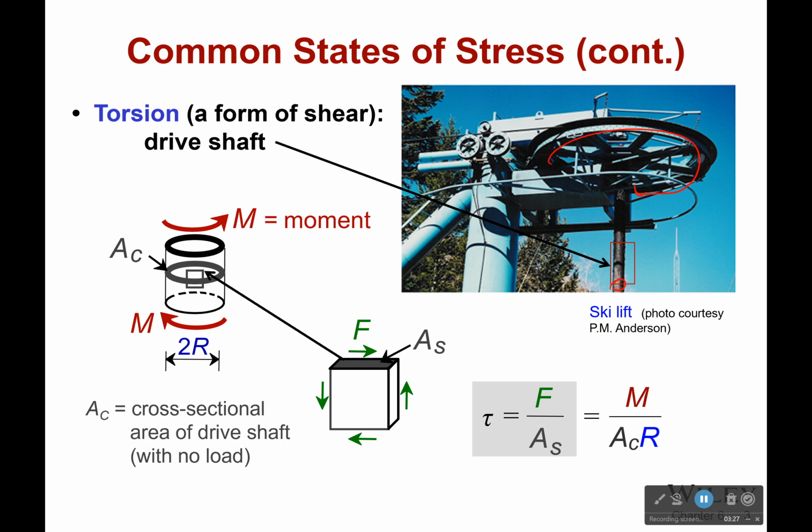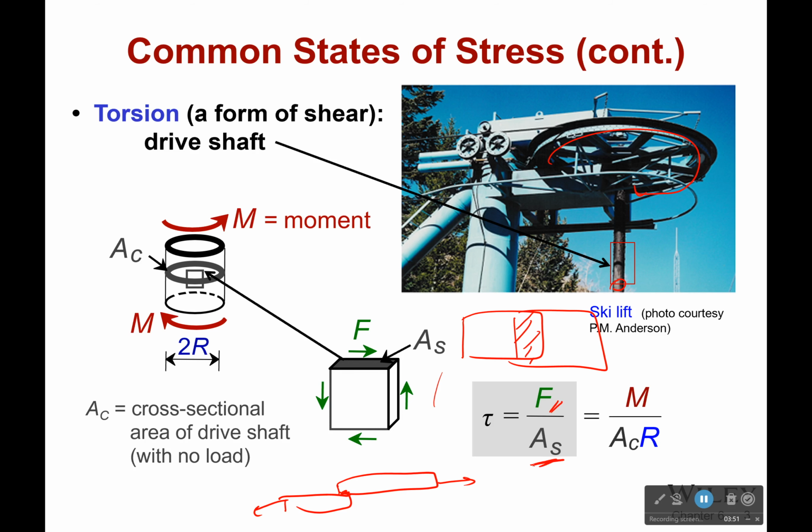But other things cause shear stress too, like, for example, perhaps I have two boards, and they're glued together right here. Well, shear stress is the thing that is trying to separate them. I pull here, and on that little glued spot, there is a force that's trying to tear it apart. And that force is actually parallel to my area.